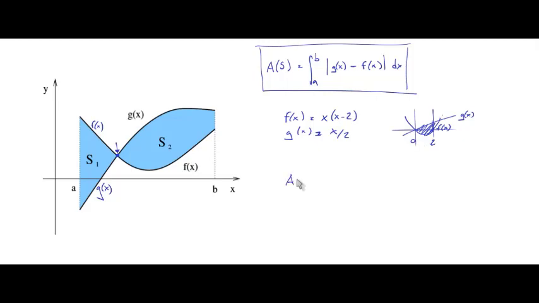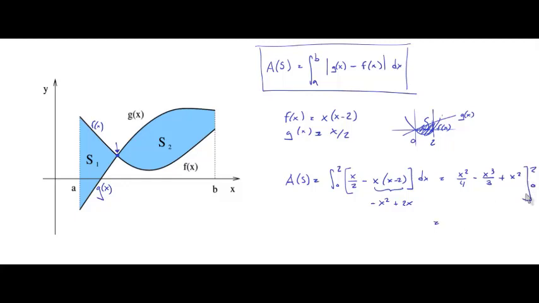So the area of this form S is the integral between 0 and 2 of x over 2 minus x times x minus 2. We can expand this: x squared minus x squared plus 2x. The integral of this is x squared over 4 minus x cubed over 3 plus x squared, evaluated between 2 and 0.